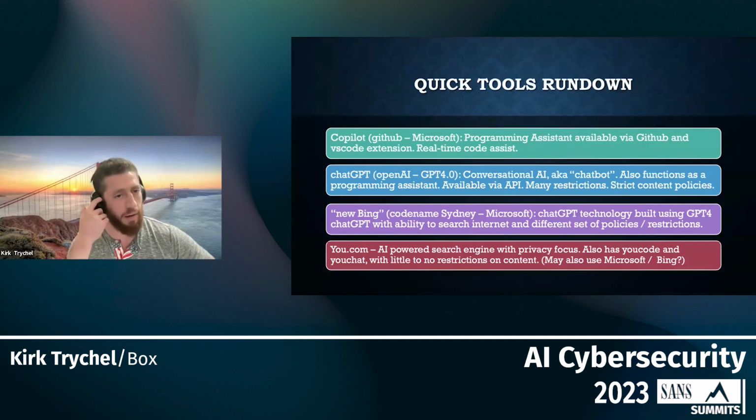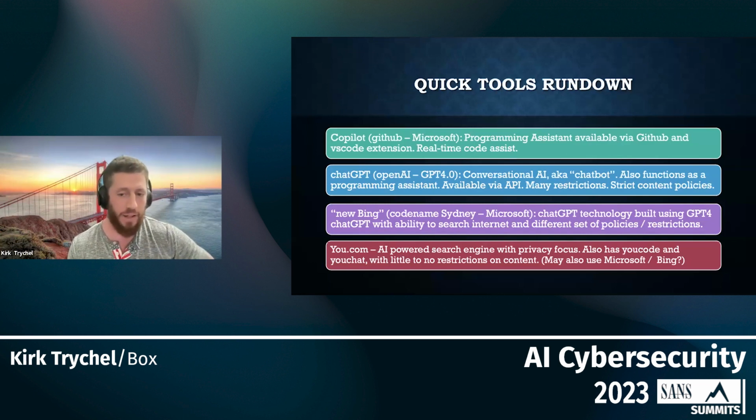So just a quick look at the tools that I primarily used for this research. I'm not advocating specific tools, just telling you what I use for this research and what has worked well for me. Obviously, a lot of people have been hearing about ChatGPT. The latest GPT model 4 is really good. I use Copilot a lot. I do that through an IDE, through my VS Code extension.